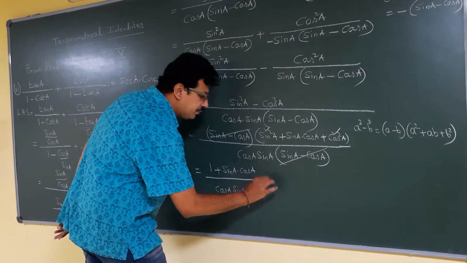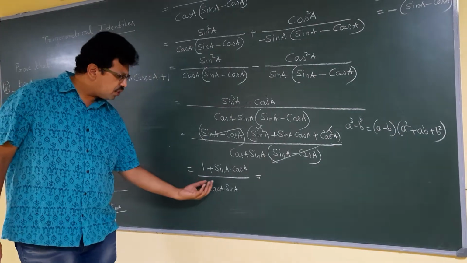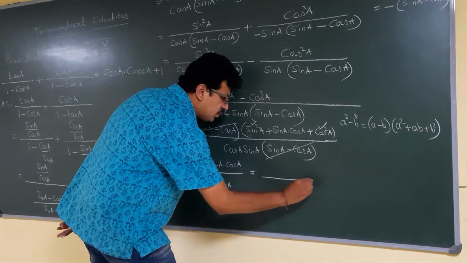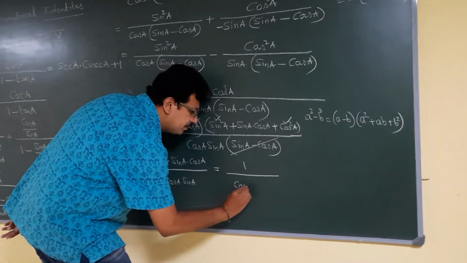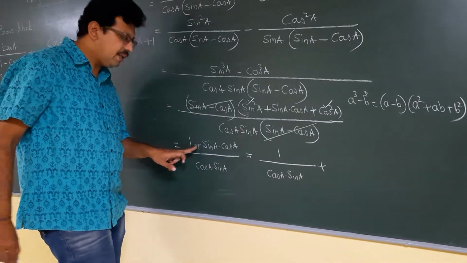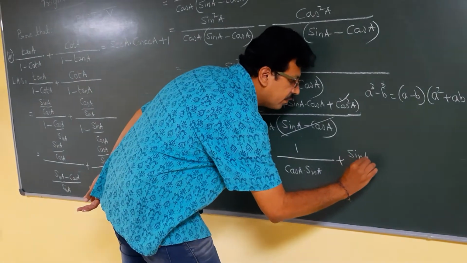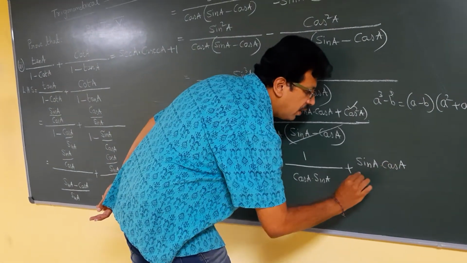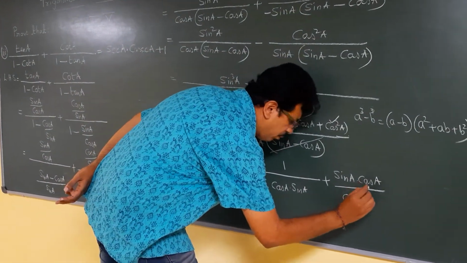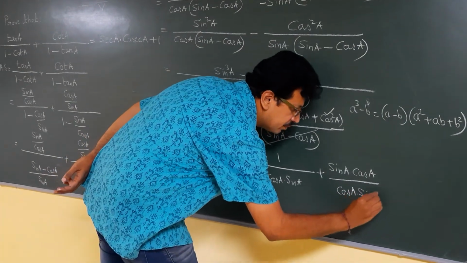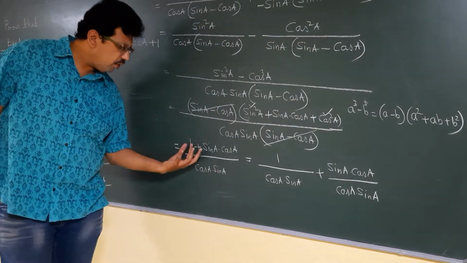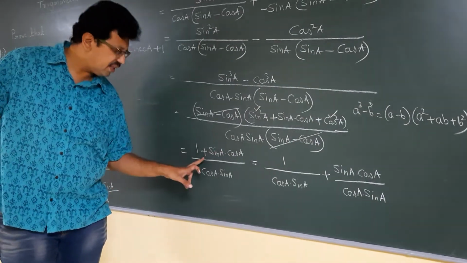That is equal to 1 divided by cos A into sin A, plus sin A into cos A, whole divided by cos A into sin A. The denominator is common for both the terms. You have to be very clear about this. Cos A into sin A is common for 1 and also for this, so I have taken it and kept plus in the middle.